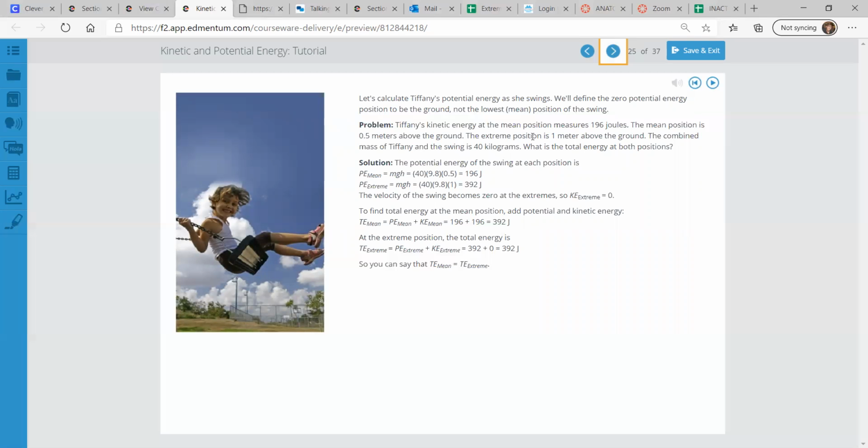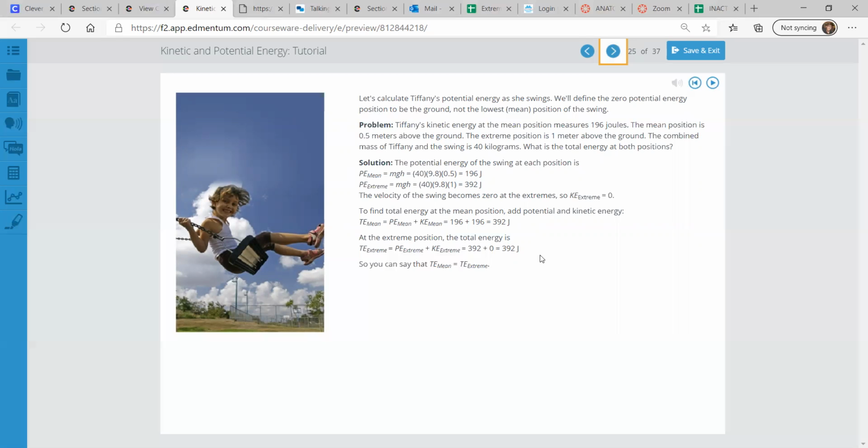So Tiffany's kinetic energy at the position where the swing is directly hanging down, not swinging one way or the other, is 196 joules. Joules is the SI unit of measurement for energy. And at the mean position, the swing is 0.5 meters above the ground.